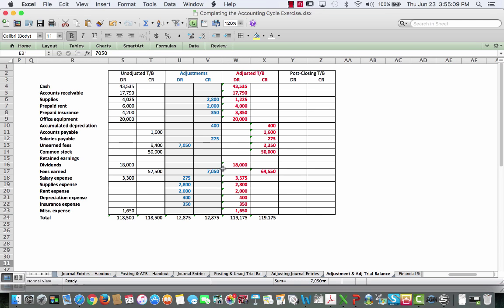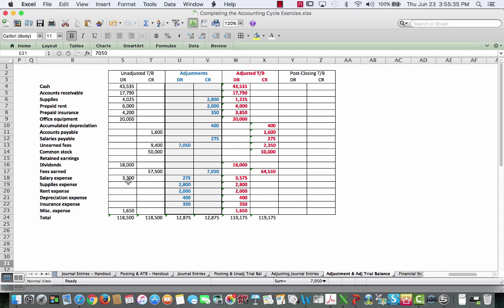Okay. For example, if I look at the supplies, supplies had a balance of $4,025 and it was a debit balance, but I credited the supplies account by $2,800. So 4,025 minus 2,800 gives us a balance of 1,225.